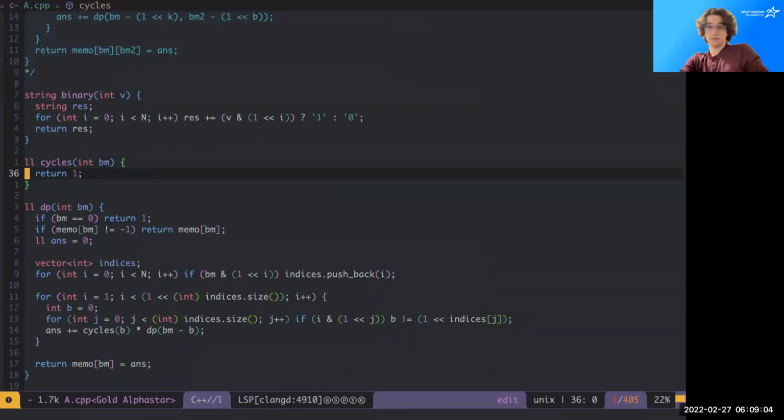So, compute the number of cycles that go through. How many do we have to consider?